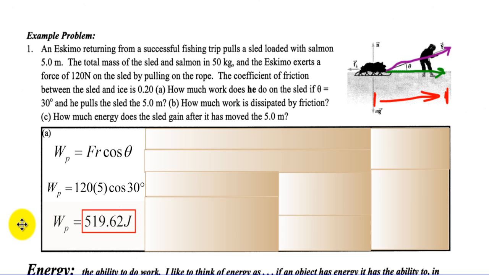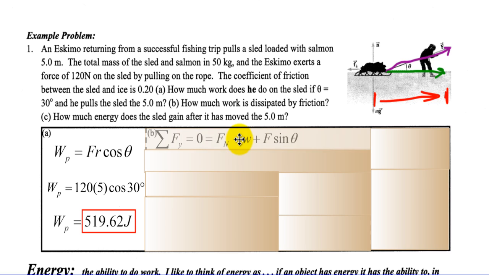So what does that equal? 519.62 joules. So the person is putting 519.6 joules of energy into that system, which in this case is the sled.